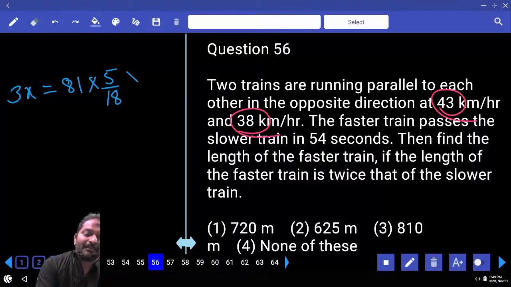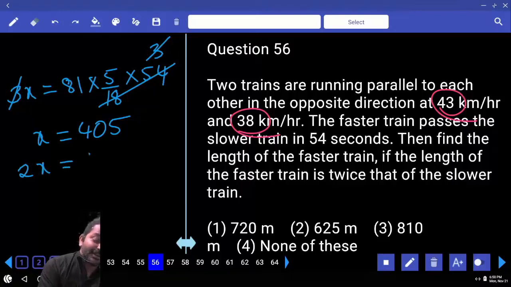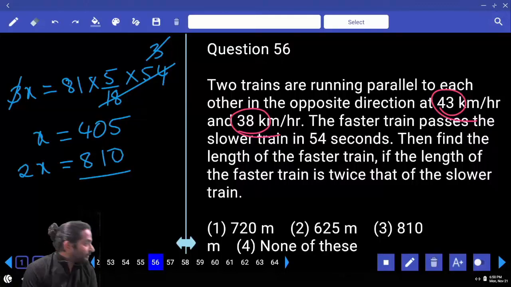Speed multiplied by time. Time 54, 18, 33. X is equal to 405, which is length of the slower train. Length of the faster train is 2x only, which is 810. 810, third option.